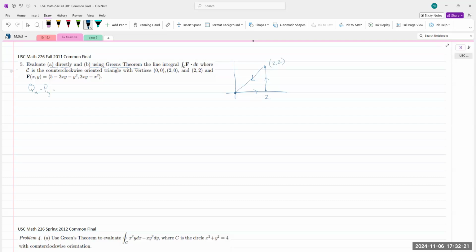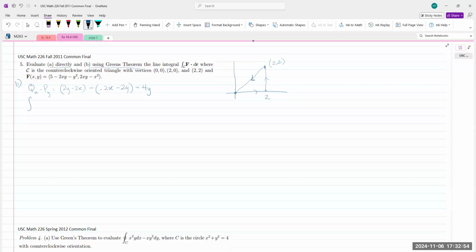Q sub x gives us 2y minus 2x, minus P sub y, which is negative 2x minus 2y. If we combine like terms, we get positive 4y. So this is using Green's theorem first.